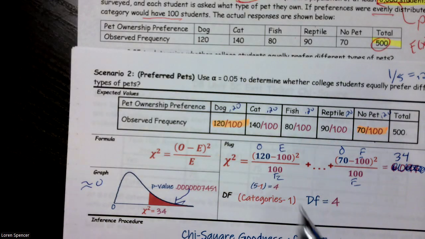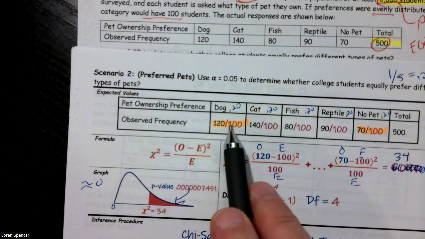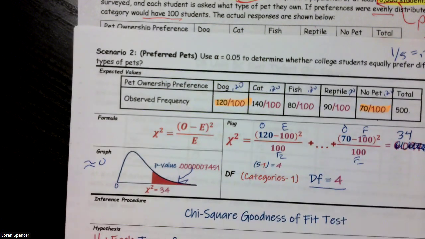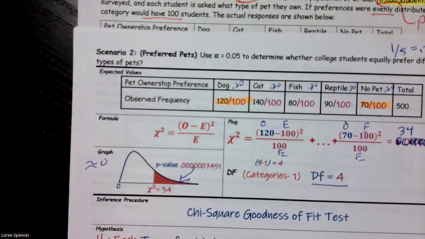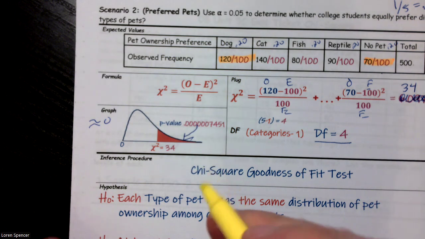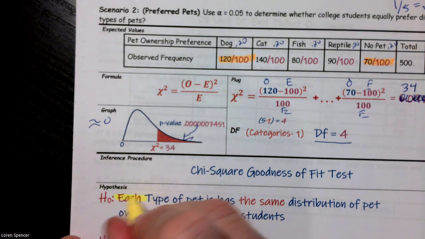Now, degrees of freedom is categories minus 1. We have 1, 2, 3, 4, 5. 5 minus 1 is 4, so our degrees of freedom are 4. For the null and alternative, we have a couple of keywords we have to pay attention to. The null: each type of pet has the same distribution of ownership among college students.